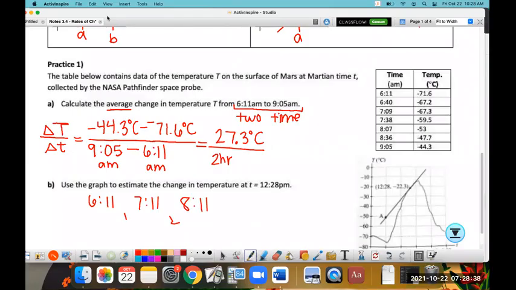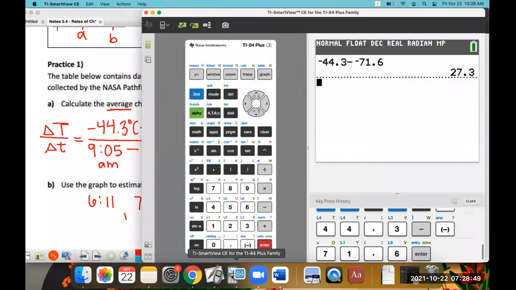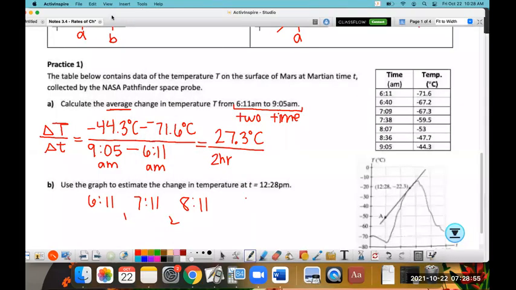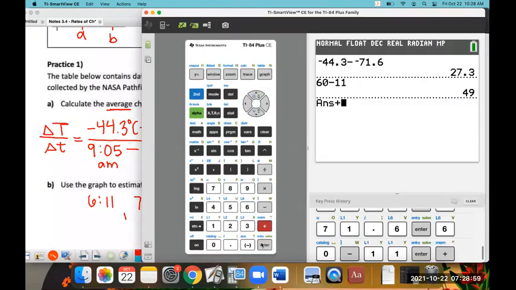Let's see, to get to 9 a.m., I can do mental math, 49 minutes, right? This is kind of embarrassing. Yeah. So 49 minutes to get to 9 a.m. plus 5, 54.